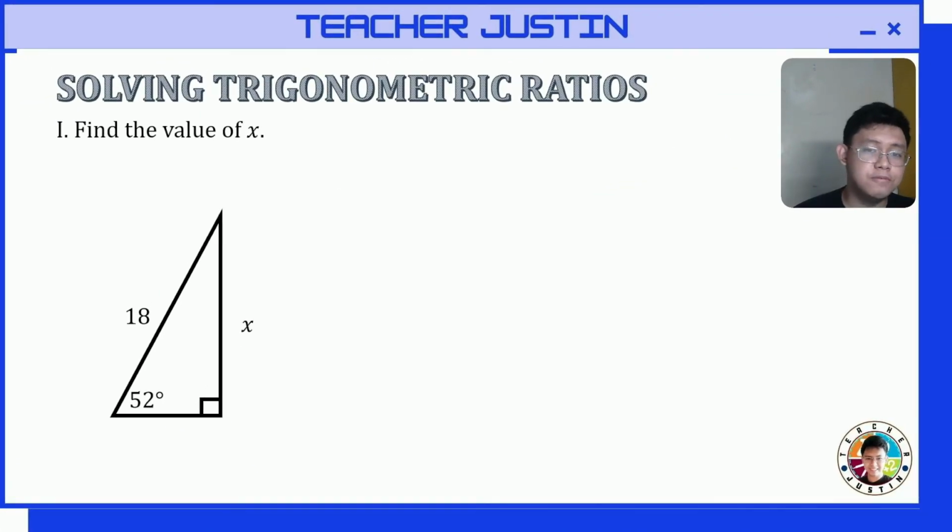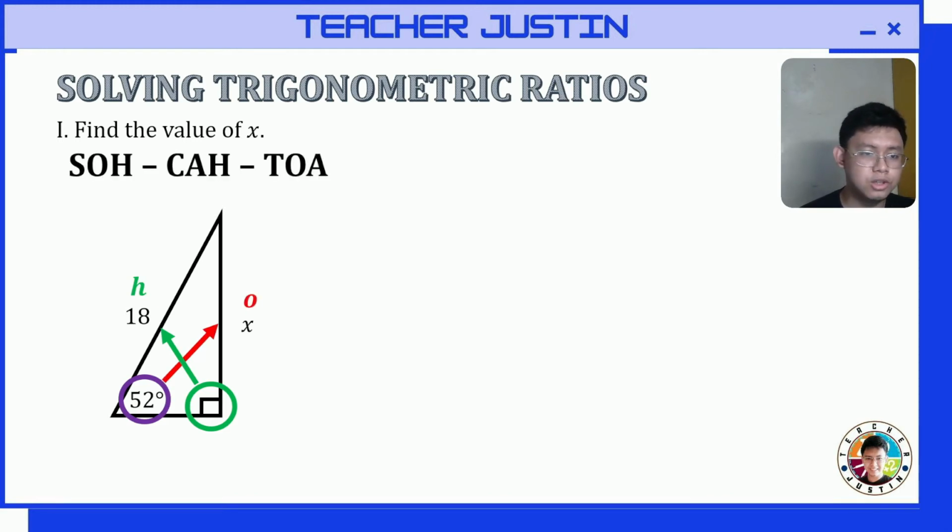Ta-da! Alright. Okay, let's solve for the value of x of this right triangle using trigonometric ratio. So the first thing that we need to do is for us to identify our given angle, which is 52 degrees. Then let's identify our given side. So we're given the hypotenuse, and we're looking for the opposite side.